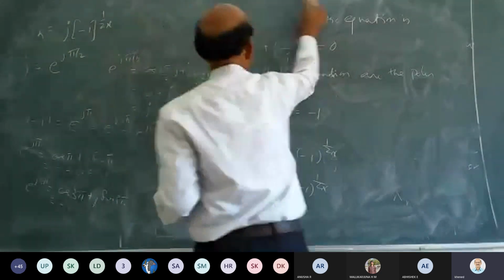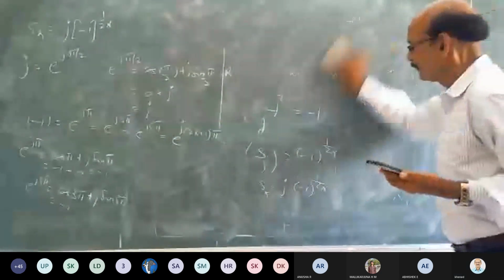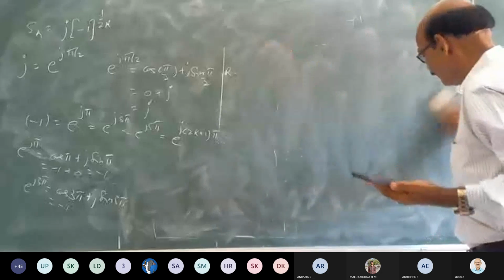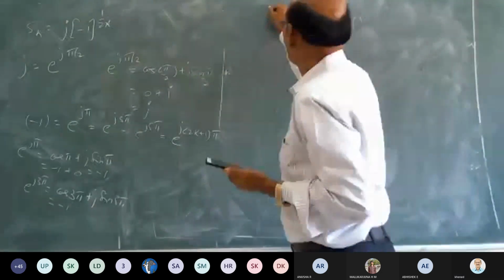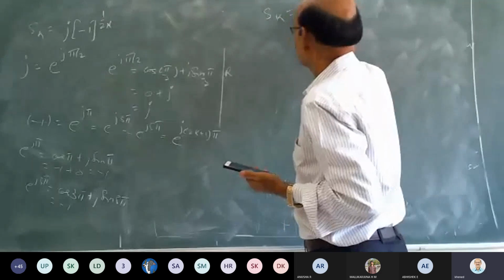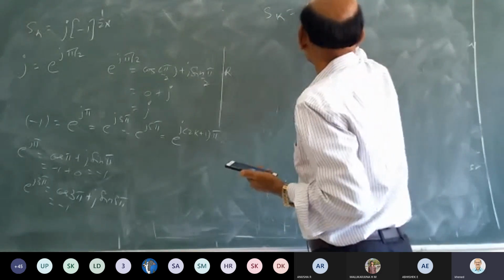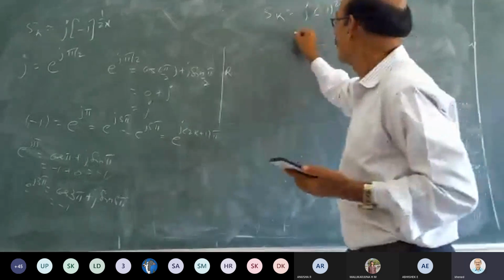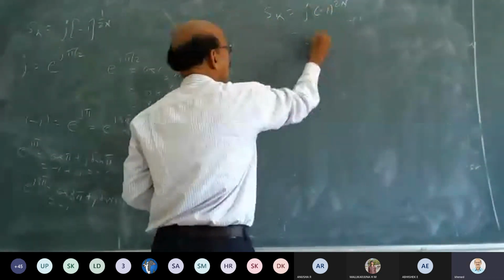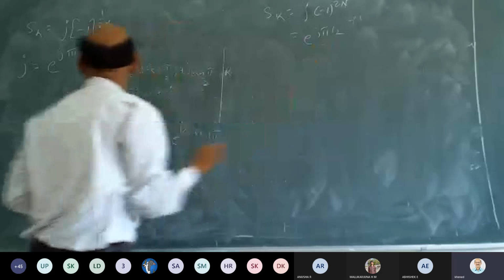Therefore, sk, which was given as j into minus 1 to the power of 1 by 2n, can now be written as, what is j? e power j pi by 2.